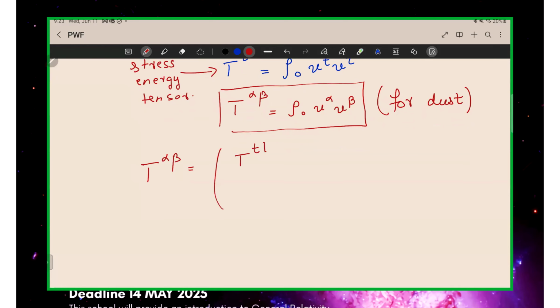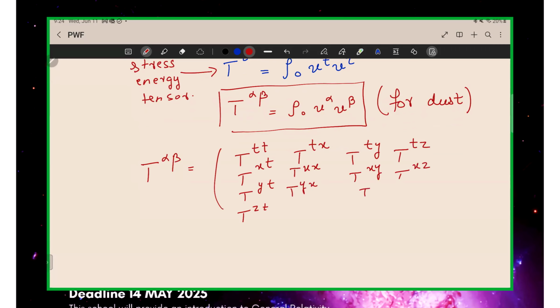So you can see that it has a time-time component, a time x component, time y component, time z component, and then x time component, y time component, z time component, and so on. And you can see the pattern now. Sorry, xx, xy, xz, yx, yy, yz, well, zx, zy, and zz.